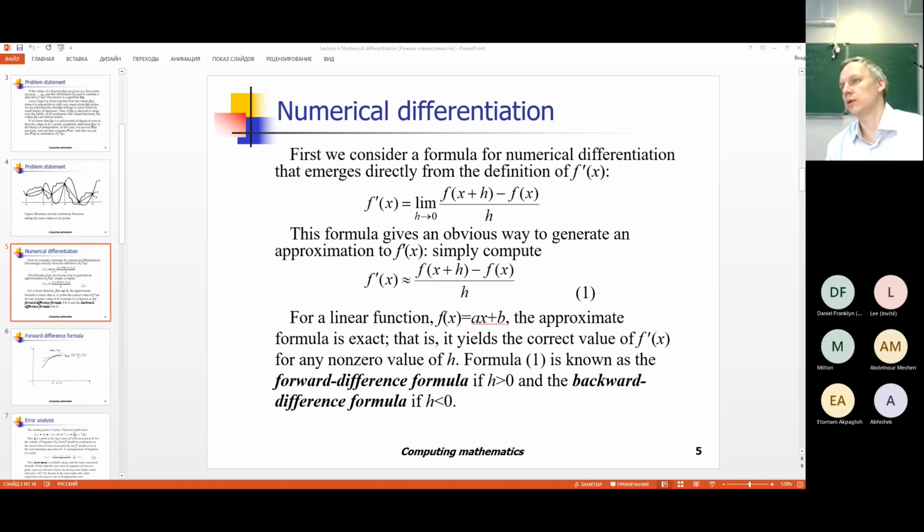First, you should compute the value of the function f of 1.01. f of 1, we already know it's 1. And substitute it into the formula to find the approximation to the value of the derivative.